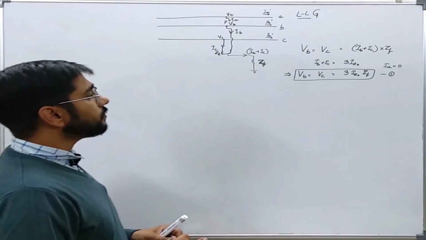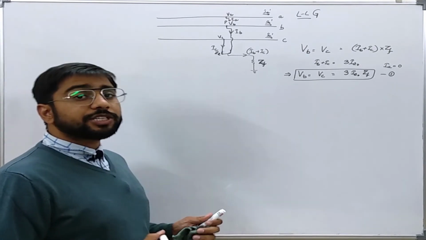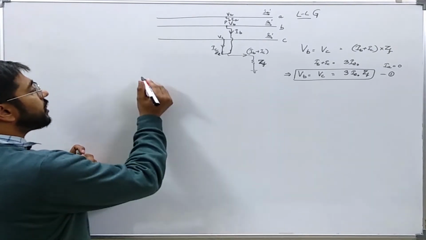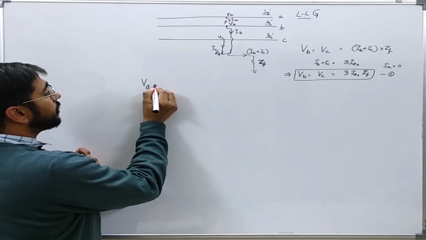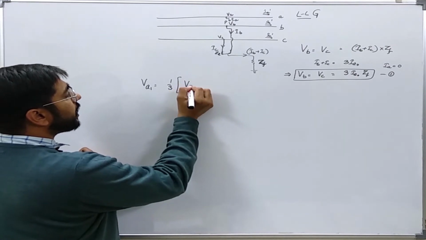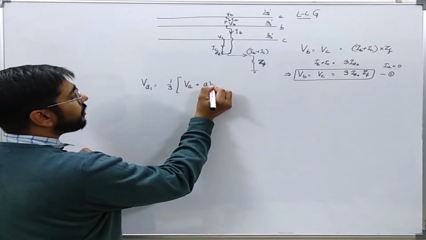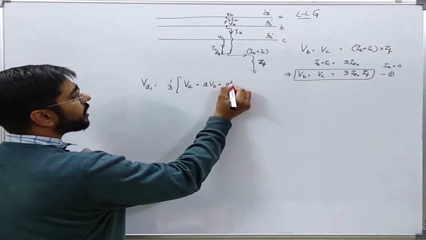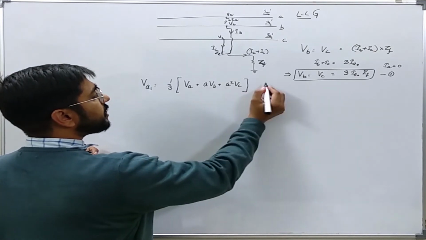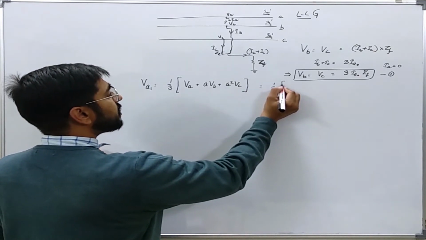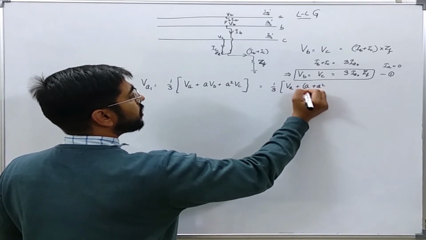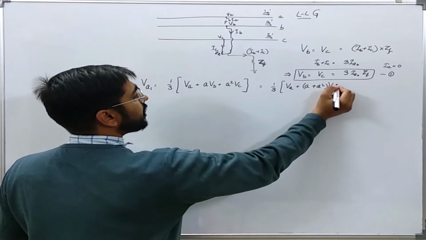Now we will try to find various sequence voltages since we want to find their interconnection. Okay, so VA1 is equal to 1 by 3 (VA plus aVB plus a squared VC). Now VB is equal to VC, so it becomes 1 by 3 (VA plus (a plus a squared) VB).